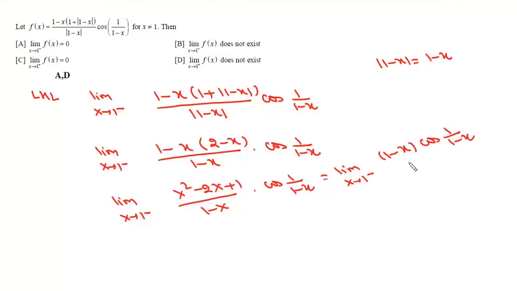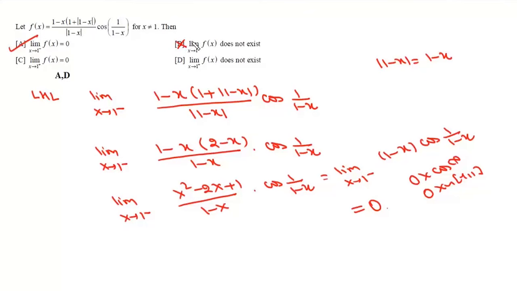Now we'll check its form before solving it. Now this is 0 into cos infinite, and cos infinite is an oscillating value from -1 to 1. Now 0 into anything finite is 0. So the answer to this left hand limit is 0. That means this option A is correct, and option B will be incorrect.